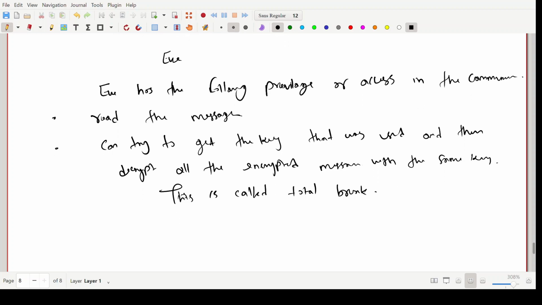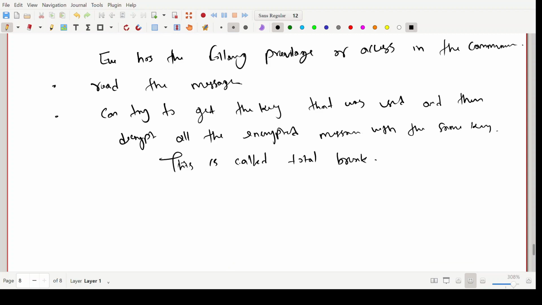Next, what Eve can do is change the message sent by Alice into another message in such a way that Bob considers the message as if it was actually sent by Alice. Eve can actually alter the message sent by Alice.